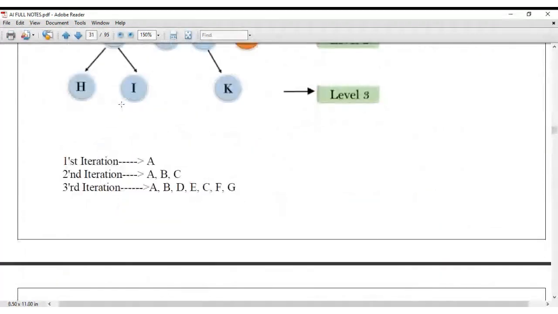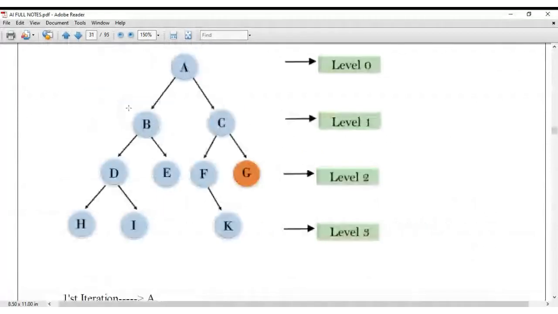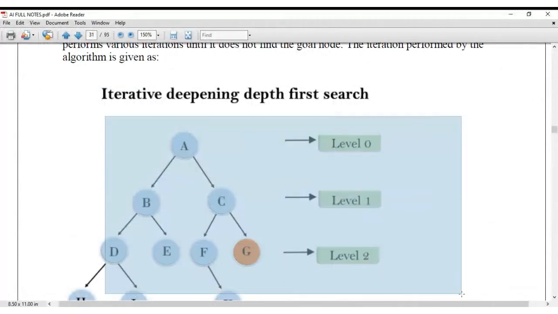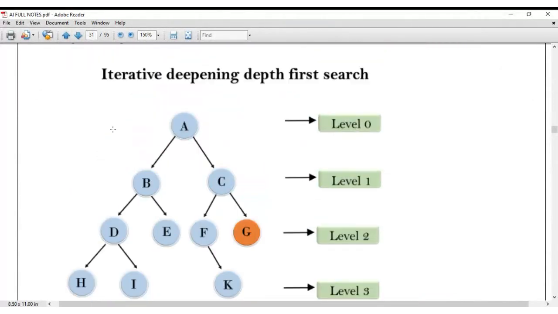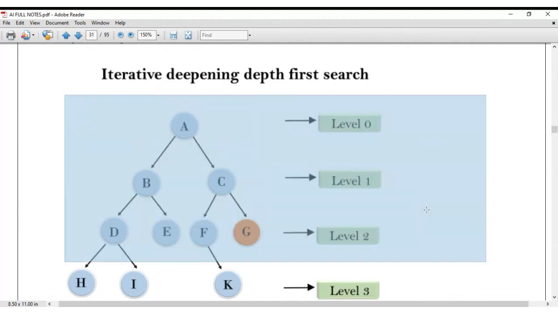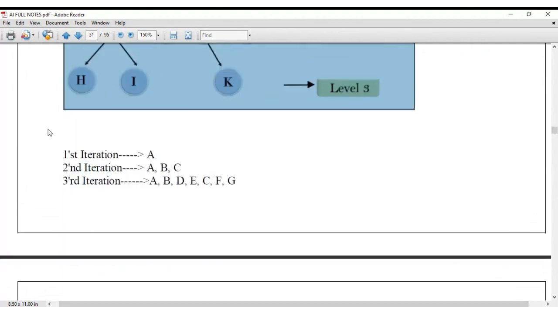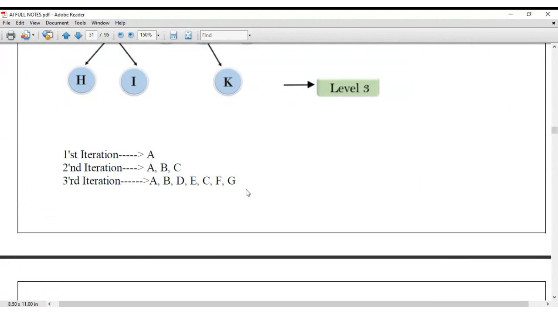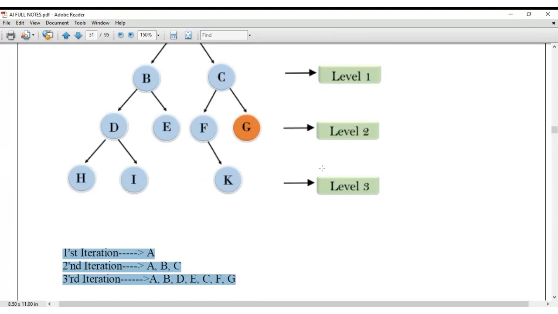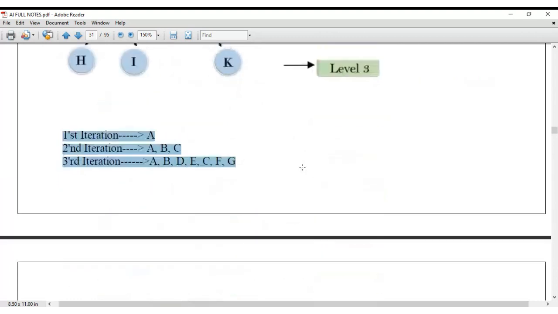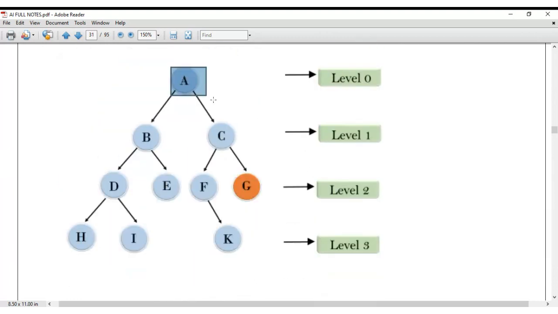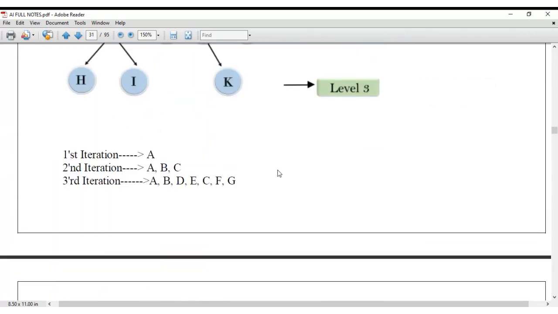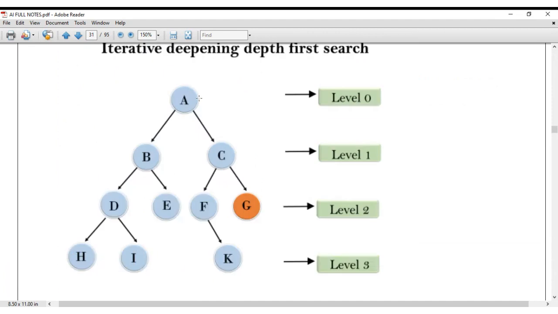And as there are diagrams here, you're going to actually study that diagram and also the key that is given here, okay. So the iterative deepening just works this way. It will first start from A, then go A, B, C. Then from A, B, C, it is going to go to A, B, D, E. Do you get that?